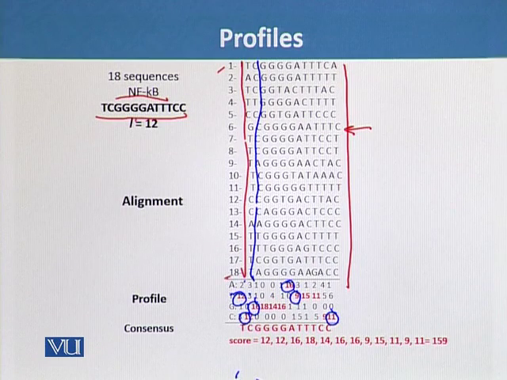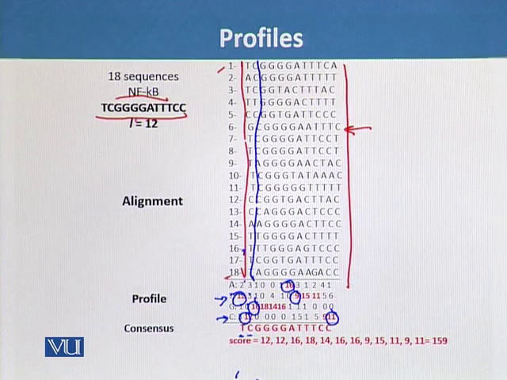After calculating the highest number in each column, we can now draw the consensus sequence of this motif. In column number 1, the most abundant nucleotide was thymine and its number was 12, so at the bottom of the first column we will write thymine. In the second column the maximum nucleotide was cytosine, so we will write C here.